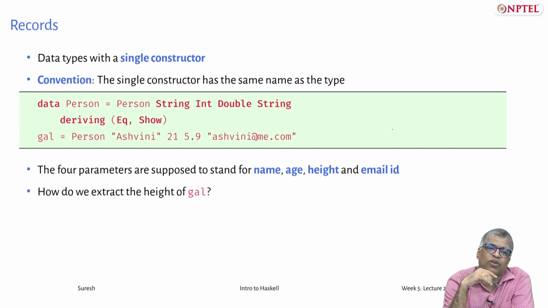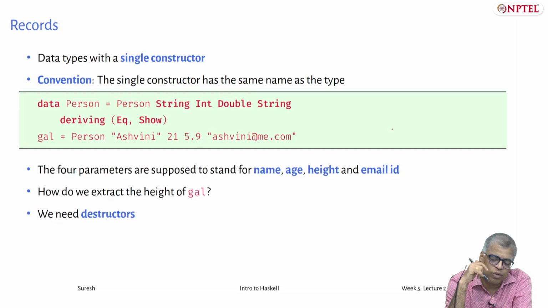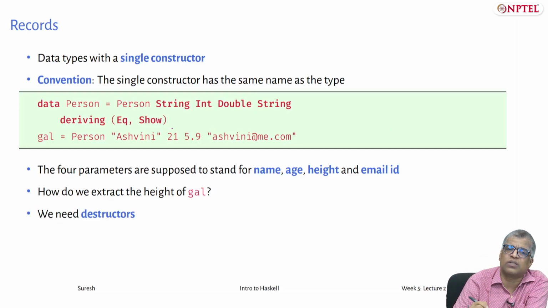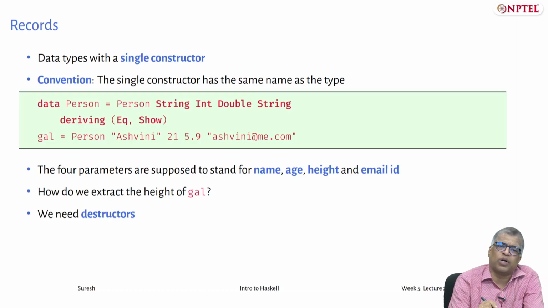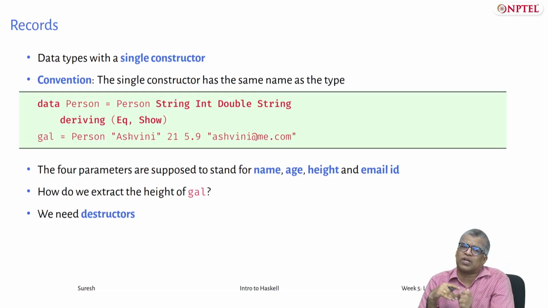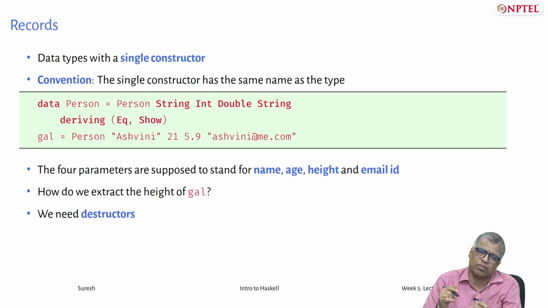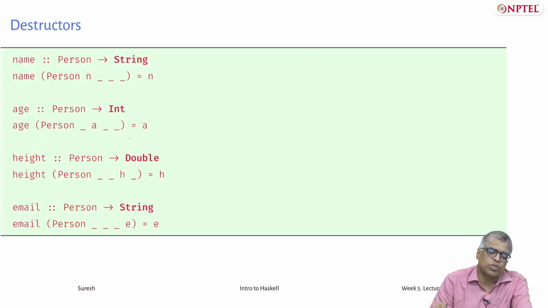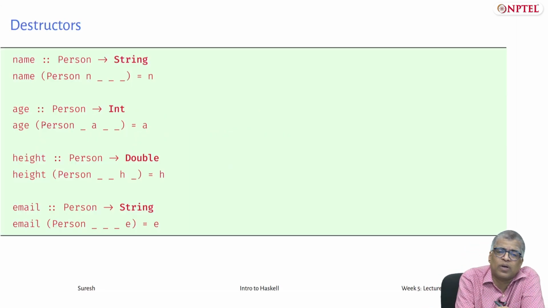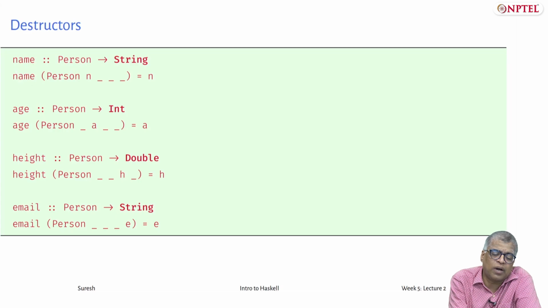So the 4 parameters are supposed to stand for name, age, height, and email ID. How do you extract the height of a girl? You have to write a function for it. So these are called constructors. The opposite of a constructor is what is called a destructor. Here you have a single constructor, but each parameter of the constructor you can pull out, and that's called a destructor. So here are the 4 destructors: name of type Person -> String.